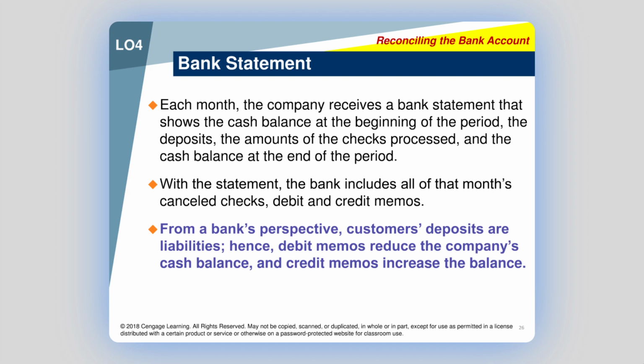Each month, the company receives a bank statement that shows the cash balance at the beginning of the period, the deposits and the amount of the checks processed, and the cash balance at the end of the period. With the statement, the bank includes all of that month's canceled checks, and debit and credit memoranda.